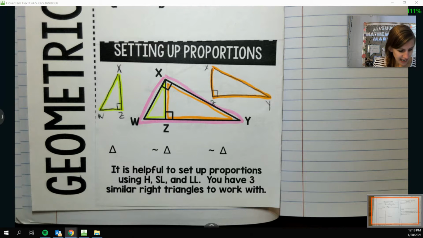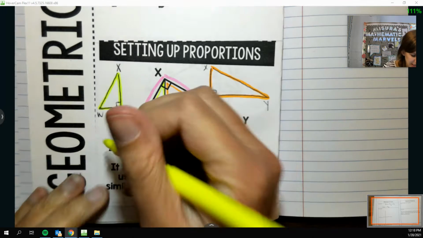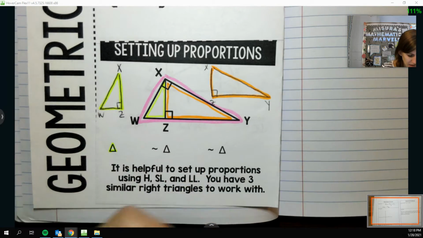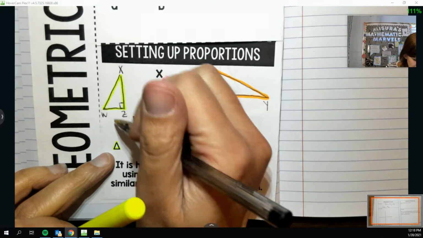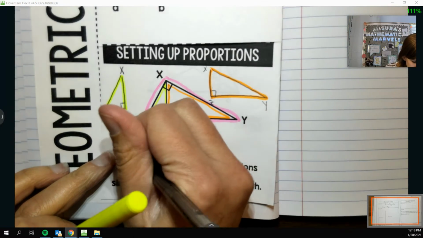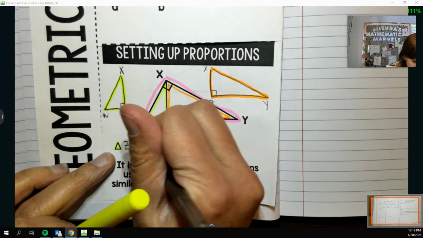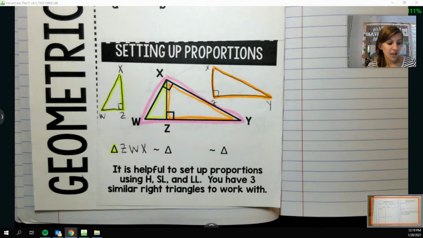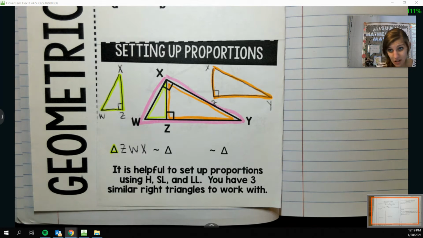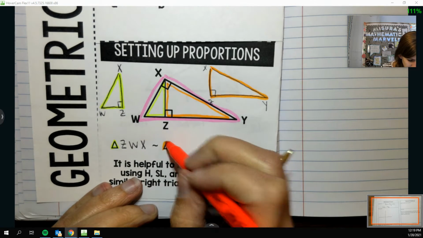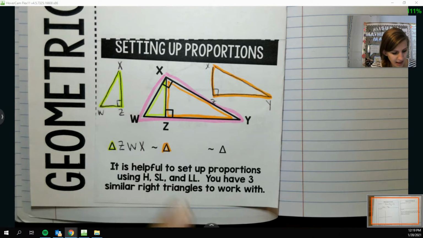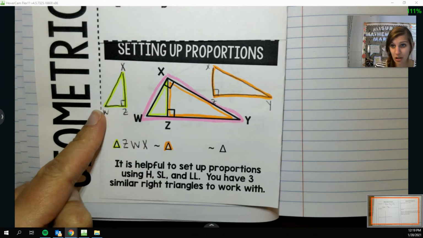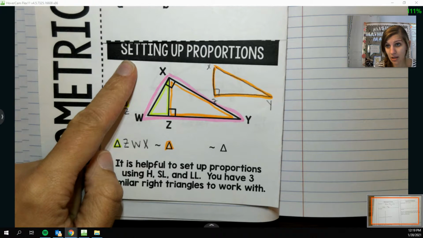So if I write out the similarity statement for these three right triangles, if I start with the small one, if I call it Z, W, X, this is where this can get tricky because you have to travel the same way. So I started at the 90 to kind of make it easy for myself, and I went across the smaller side and then the hypotenuse.